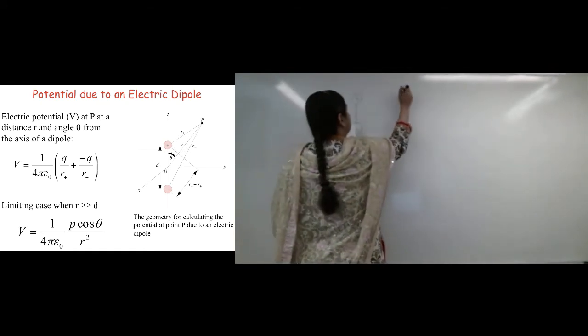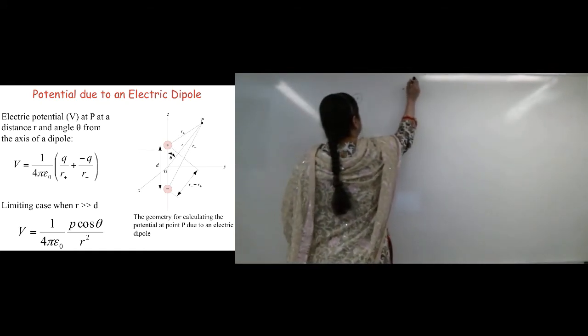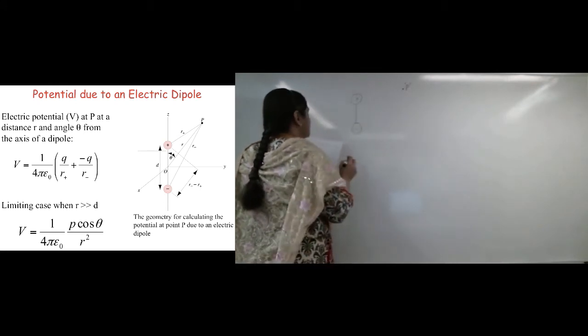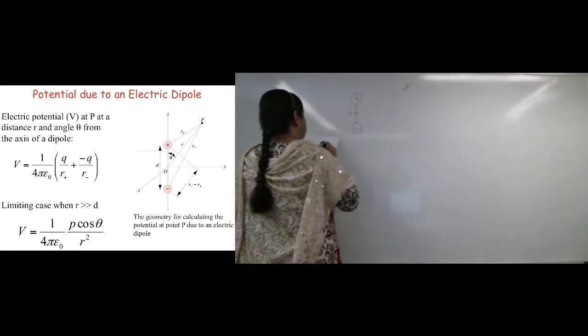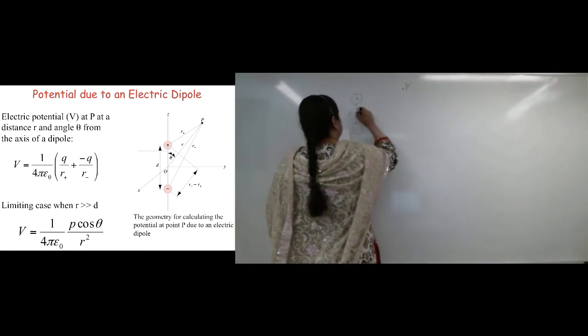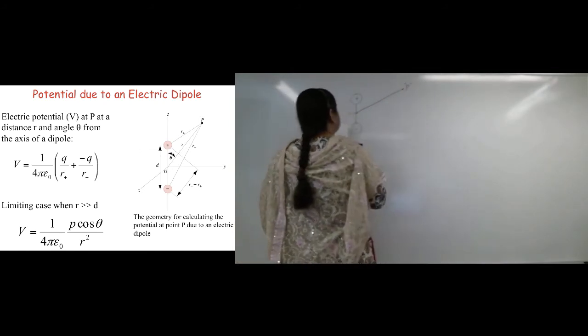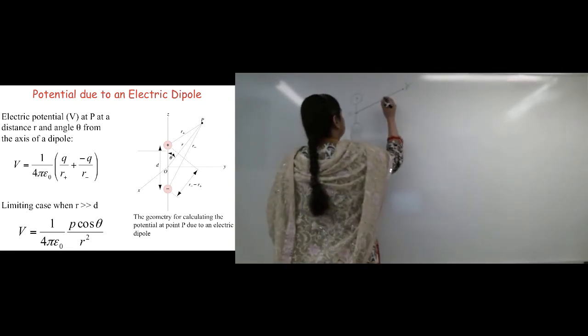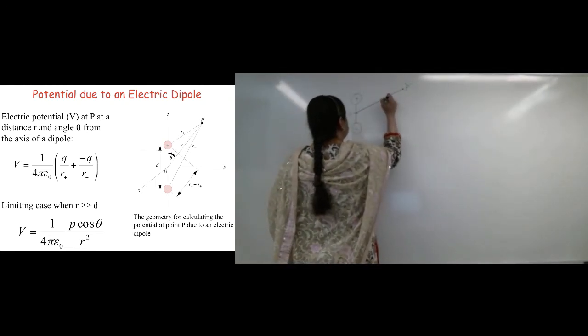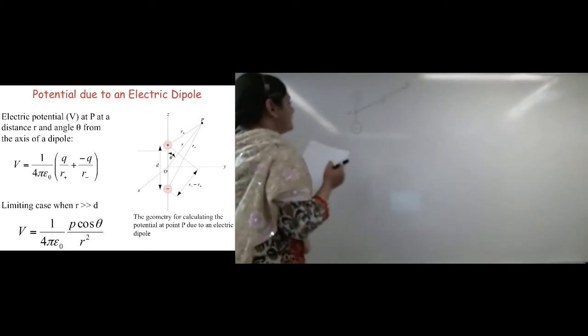So if you have a point P at which we have to find the potential, how do we do that? Well, if you place the origin at the center of the dipole, it makes life easier for us, right? And then you draw a line from the middle of the dipole to the point P at which we have to find the potential, and call it r.